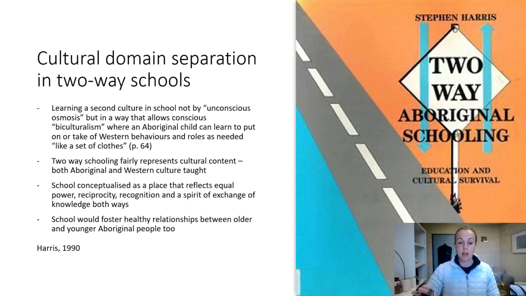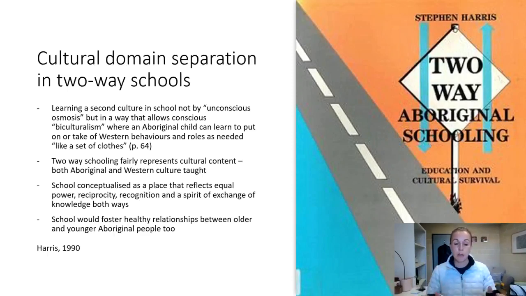Rather, being very conscious of the differences in the culture, promoting a biculturalism where, as he quotes, they can put the culture on like a set of clothes if they need to. So they can put on that Western culture, but then they can take it off again. But they're also still entitled to learn and grow their positive Aboriginal cultural identity while at school too.